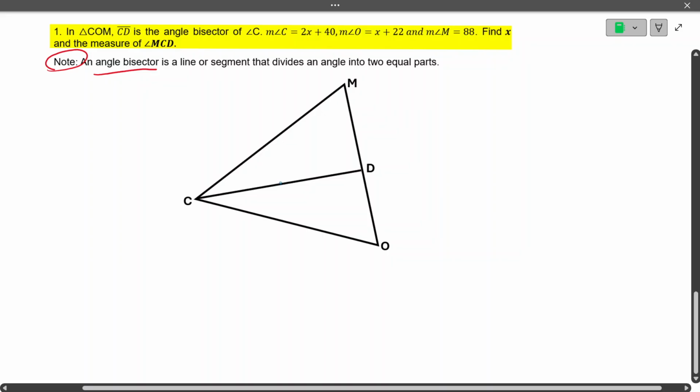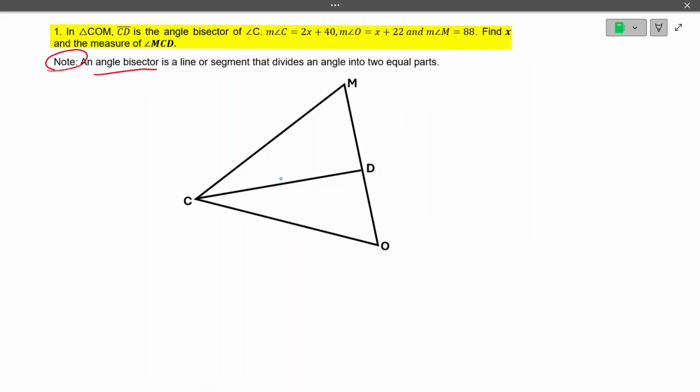First, let's understand the problem. We have this triangle COM. So this figure is triangle COM from vertex C to O to M. And there's a line that bisects this angle C, which we call an angle bisector CD.